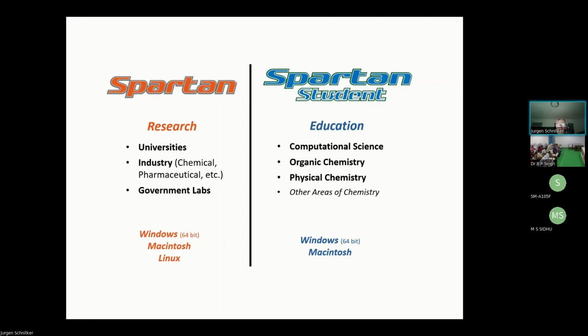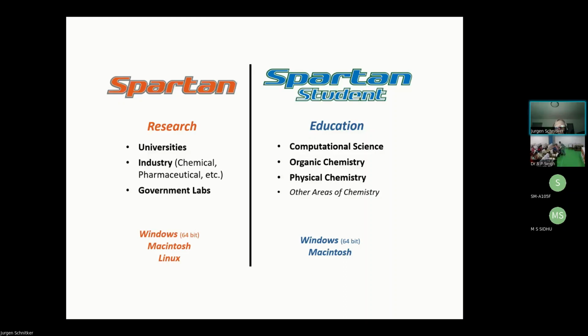Spartan Student is a cut down version of Spartan in order to introduce graduate students to real modern computational chemistry. The limitation is it will allow you up to 30 atoms in the molecule for DFT.